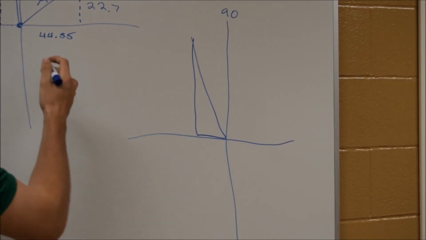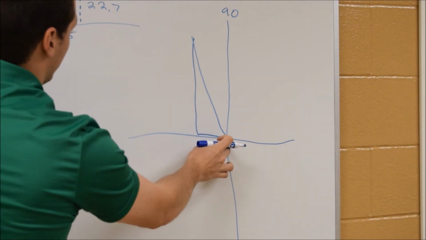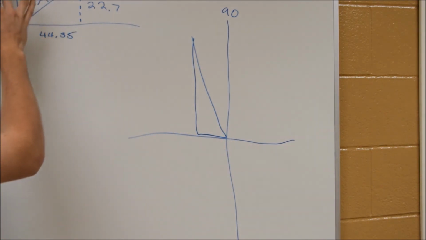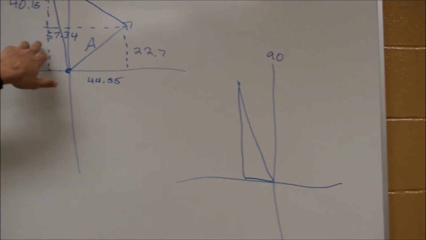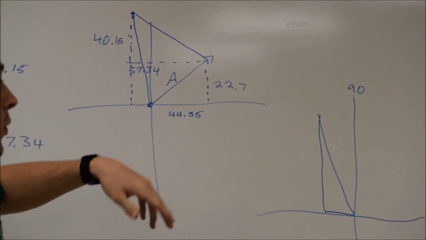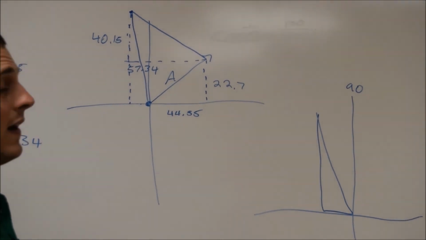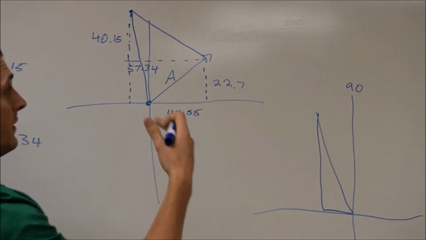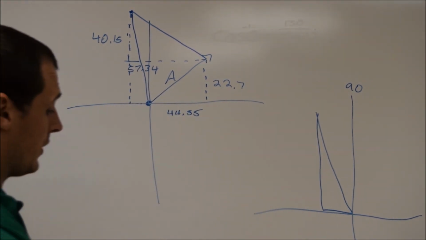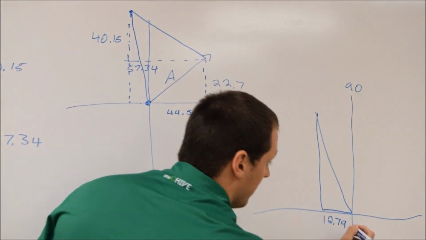Okay, so the way that we're going to figure out the x distance is, since vector B had an x distance of 57.34 and vector A had an x distance of 44.55, we're going to subtract 44.55 from the 57.34. And when we do that, we get a value of 12.79.